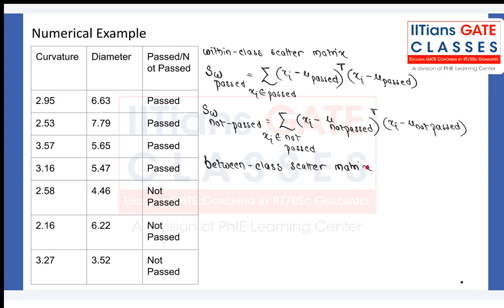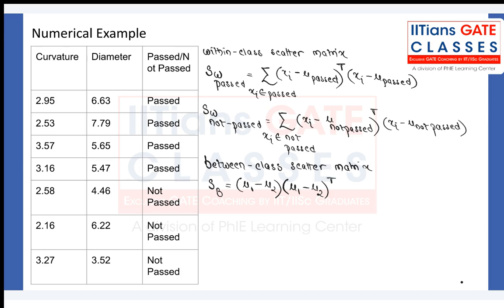So you calculate the overall mean, and you calculate this: U1 minus U2 times U1 minus U2 transpose. We already saw this formula. I'm just trying to flip my notes to recall.